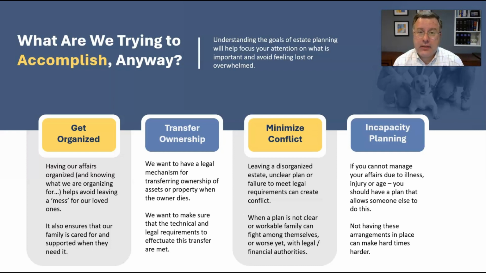So what happens if, because of illness, you can think of things like a coma or whatever, but also age-related decline, cognitive decline, Alzheimer's, where you're just not able to manage your affairs, and you're going to need somebody to step in and do that. We'll see that there are different ways to do this.